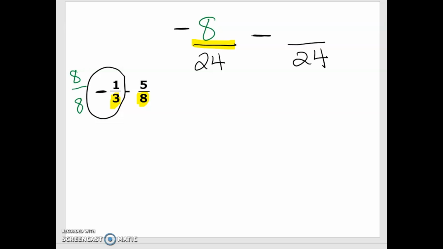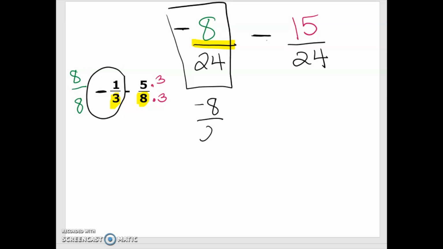For my second fraction, I need to multiply both the numerator and the denominator by 3, and 5 times 3 is 15. So now I'm thinking back to chapter 1. I see a negative, I see subtraction, so I'm going to keep negative 8/24.